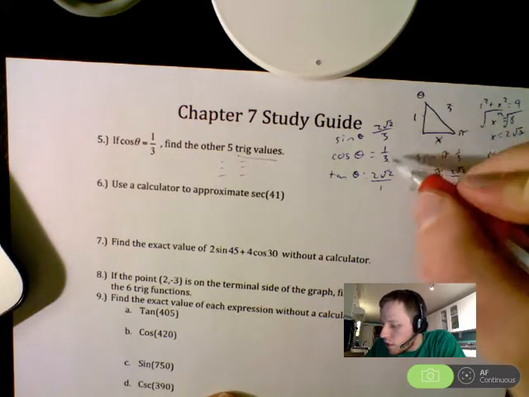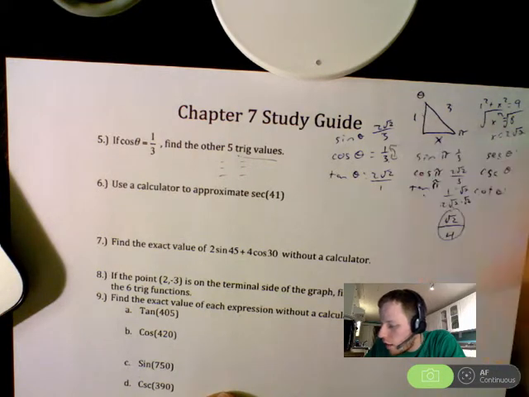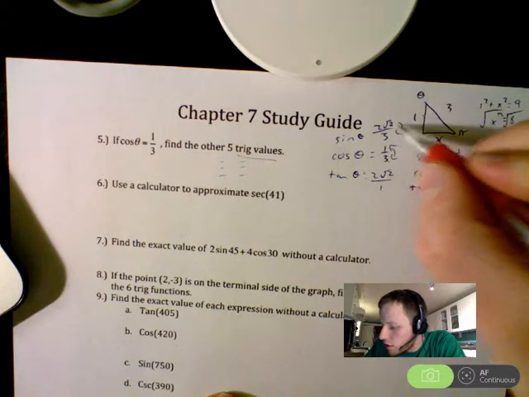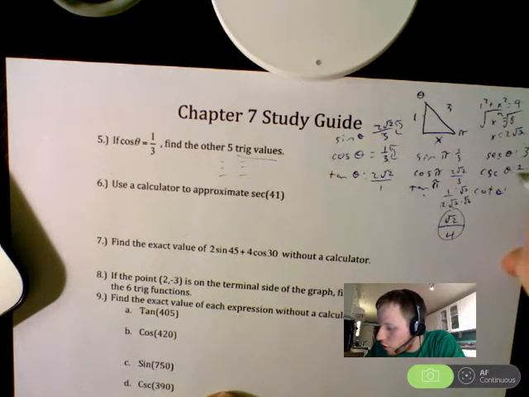Secant is cosine flipped, so 3. Cosecant is this guy flipped, which is 3 over 2 square root of 2, which remember we can't do that, so times top by square root of 2, bottom by square root of 2. So that gives us 3 square root of 2 over 4.